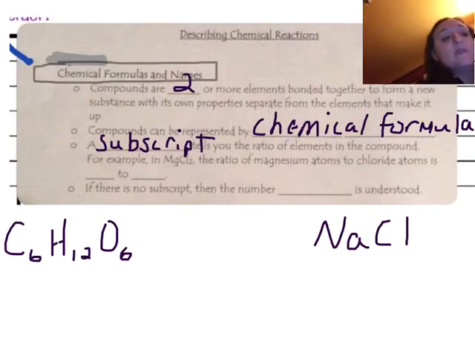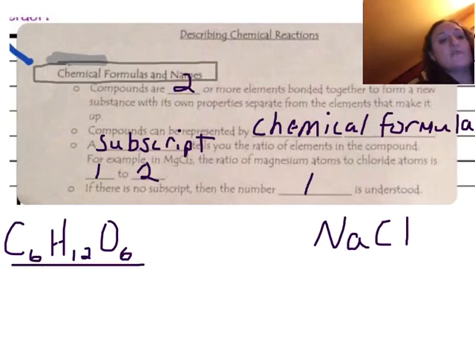For example, in MgCl2, which is magnesium chloride, the ratio of magnesium atoms to chloride atoms is 1 to 2. If there is no subscript after an element, then the number 1 is understood. So I'm going to do some examples down here, and I know this isn't in your notes, so you can just follow along. In this first one, it says C6H12O6.